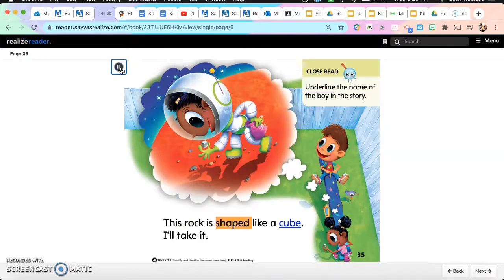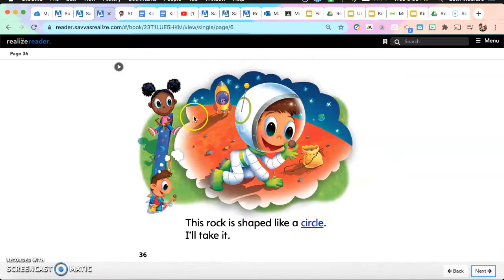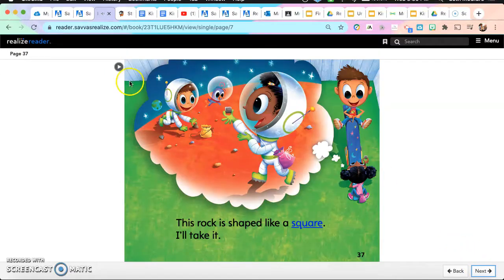This rock is shaped like a cube. I'll take it. This rock is shaped like a circle. I'll take it. This rock is shaped like a square.